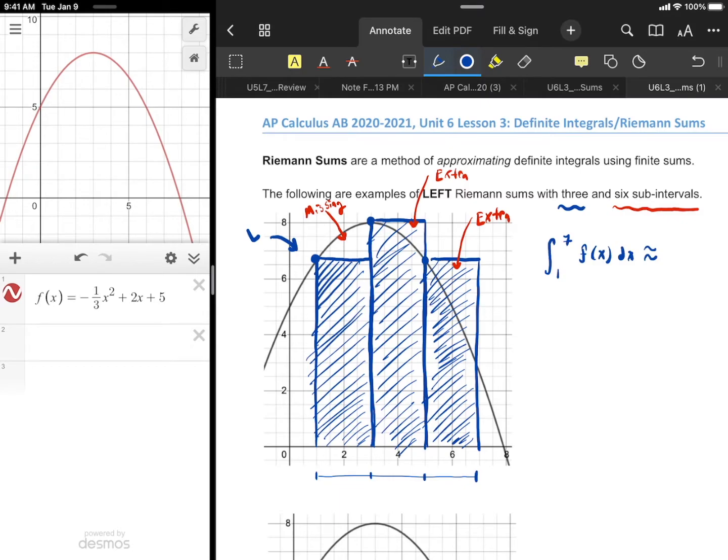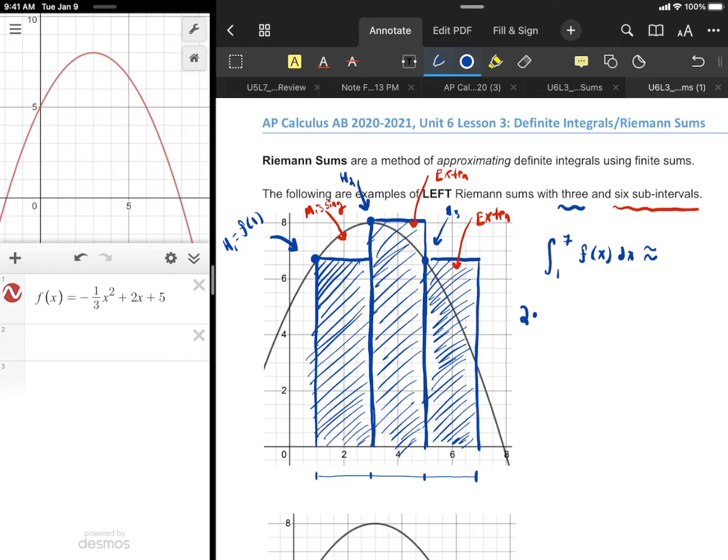Each of these has a width of 2, and each of the heights, I'm going to erase this L here, and I'm going to call this right here H1. The height of the first rectangle is the same thing as f of 1. The height of the second rectangle is the same thing as f of 3. And the height of the third rectangle is the same thing as f of 5.